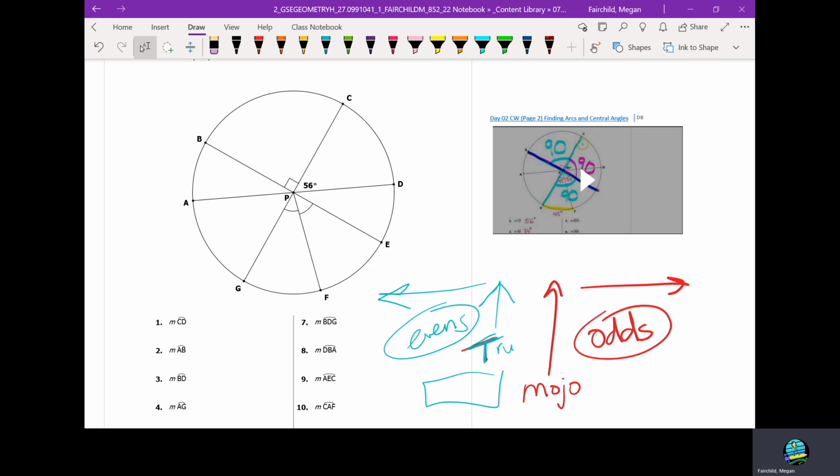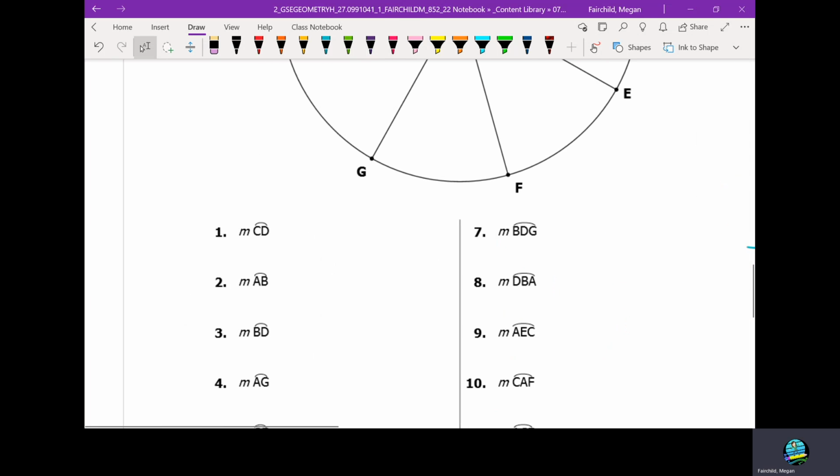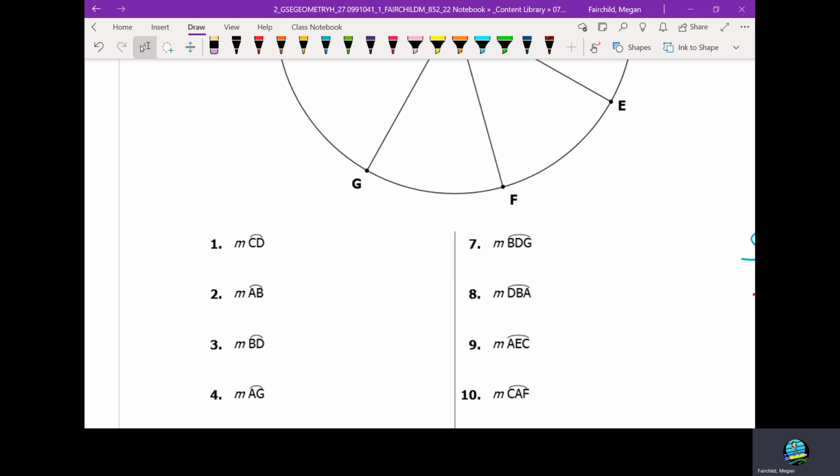All right, let's do the answers. Pen doesn't erase. All right, number 1. Kate, you got it. Y'all agree with that? Outside? Yes? Okay. Number 2, Claire.